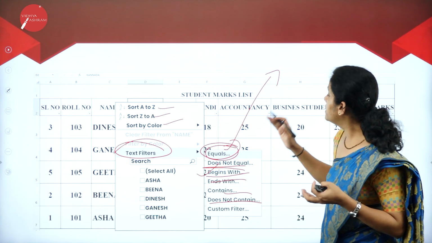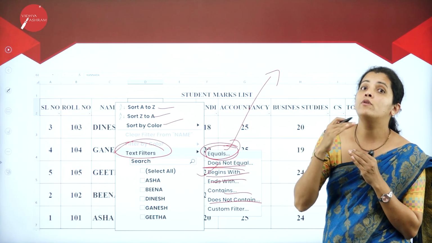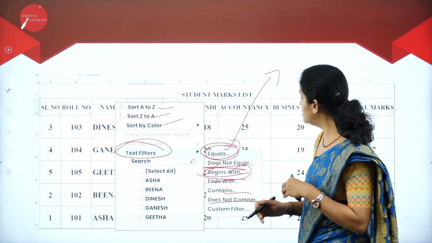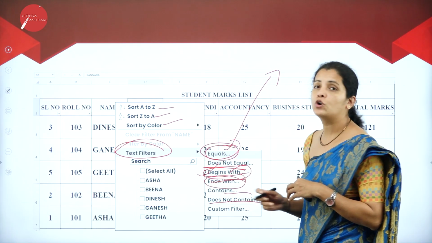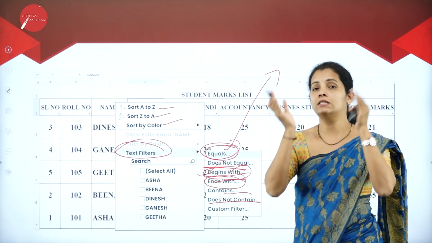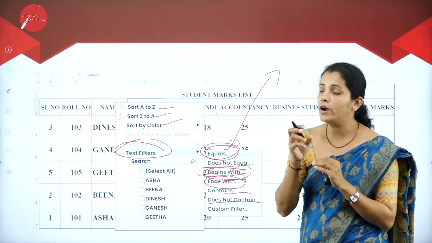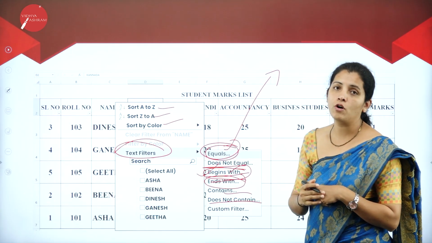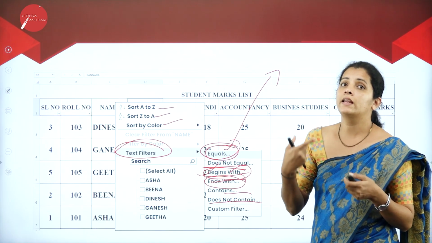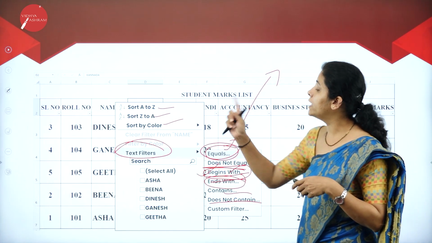That means if there is a value I want to specify, from where I want to begin, I am able to specify with the help of filter, and where I want to stop, I can specify. That means I can specify the starting point and the ending point. So these are some of the examples for criteria. Here criteria is nothing but the condition I can specify for a particular field with the help of filter.